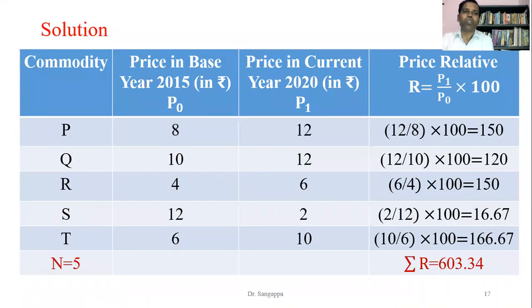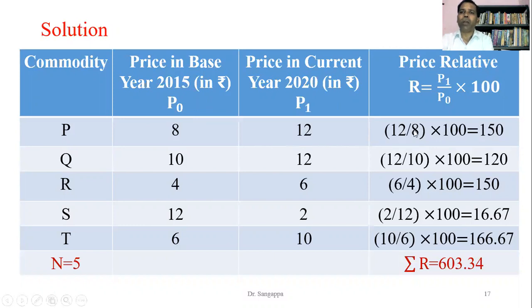So let us solve this problem. We find the price relative, which is P1 upon P0 into 100. For P, P1 is 12 divided by P0 which is 8.